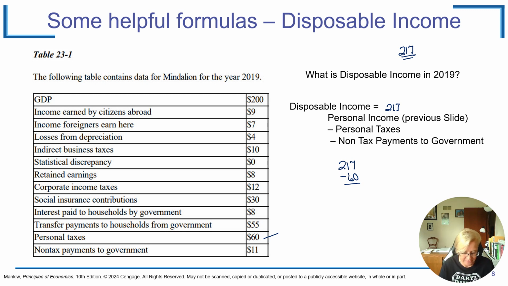So 217 minus 60 is 157. And I'm going to subtract non-tax payments to governments, which is 11. And so I get 146 as the disposable income, starting with the personal income, subtracting personal taxes, and subtracting non-tax payments to government.